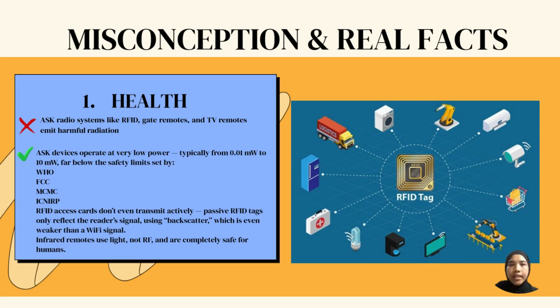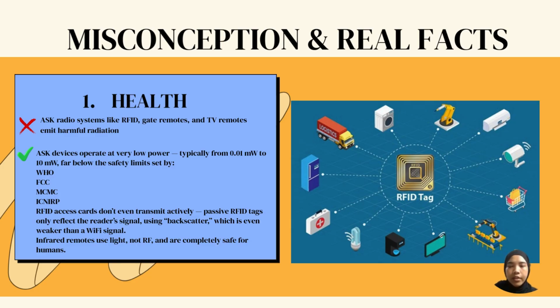Some people think that ASK radio systems like RFID are very harmful because of the radiation, but actually these devices operate at very low power, typically from 0.01 to 10 milliwatts, far below the safety limits set by WHO, MCMC, and so on. RFID access cards don't even transmit actively like passive RFID tags, they only reflect the radio signal using backscatter, which is even weaker than a Wi-Fi signal.